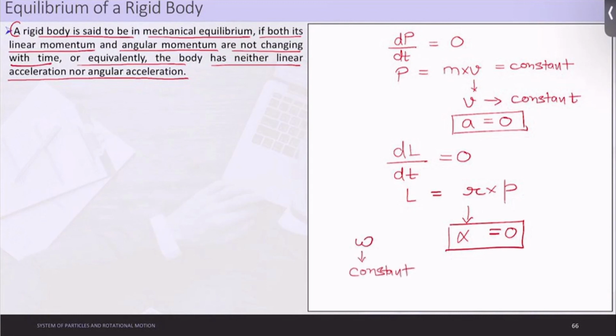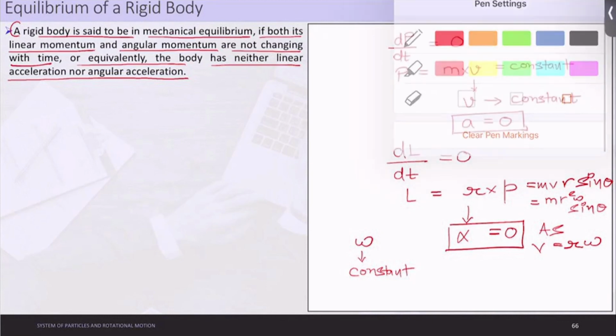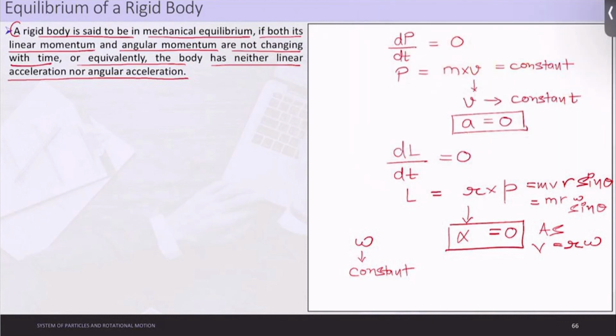Because r cross mv, and we know that v by r is basically omega, so we can say that omega is constant here, because v is equal to r omega, and therefore we can write it as m r square omega sin theta. Since m, r and sin theta are constant and omega is constant, we can say that the value of alpha is 0.